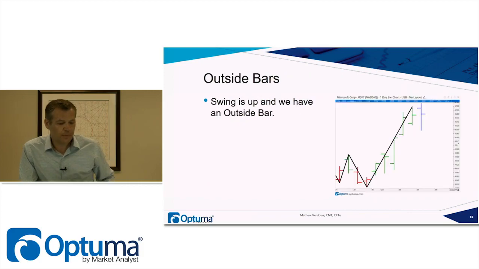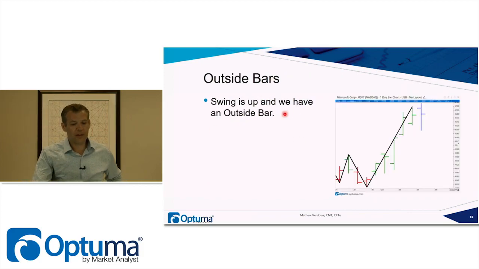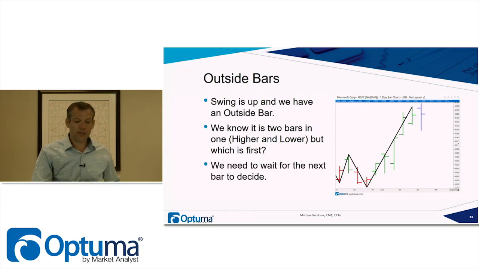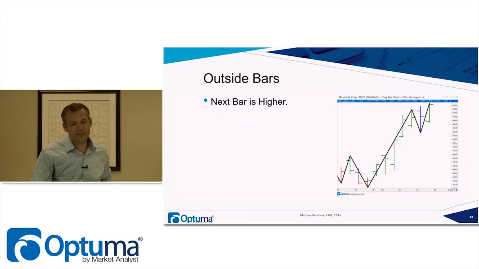All right, so the swing is up and we have an outside bar. Here's an example where we've got this swing going up, we suddenly get this outside bar, and we have to wait for the next bar. We know that it's two bars in one, a higher bar and a lower bar, but which is first? So we wait for the next bar, and along comes a higher bar, with a higher top and higher bottom compared to the outside bar.